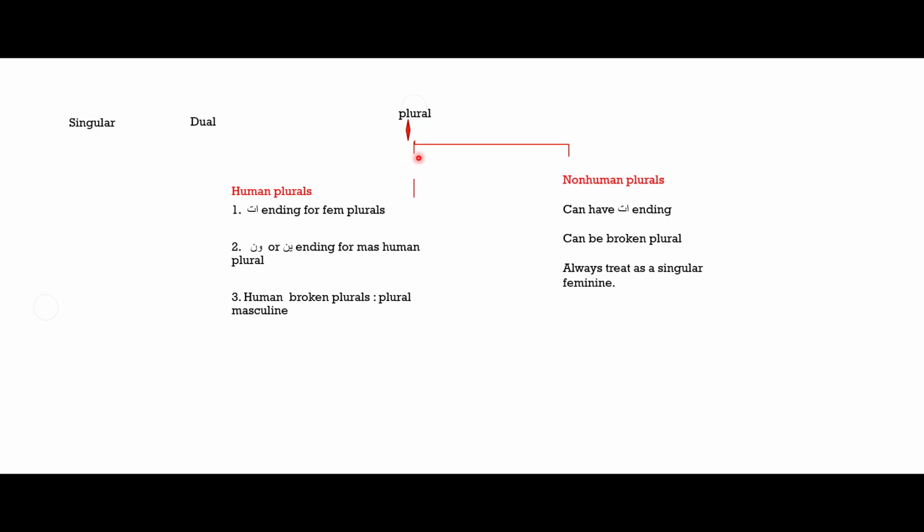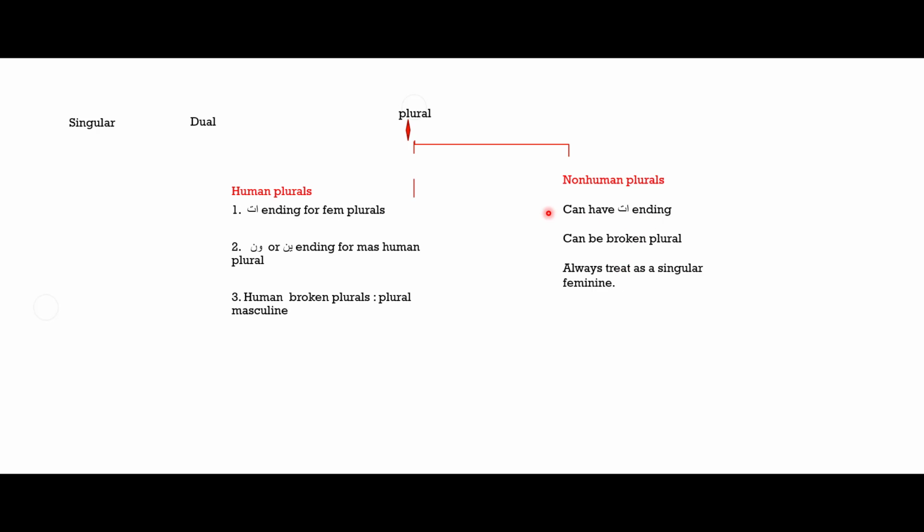We know that plurals can be non-human plurals and human plurals. Non-human isms can form plurals by taking the atun ending, and they can also form broken plurals, and they are always treated as feminine singular.